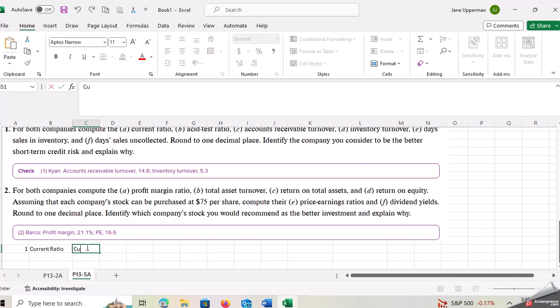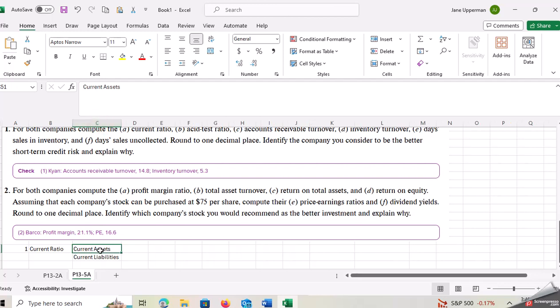So our current ratio is going to be our current assets divided by our current liabilities. I'll just put a little line under there, so that's saying it's current assets divided by current liabilities.